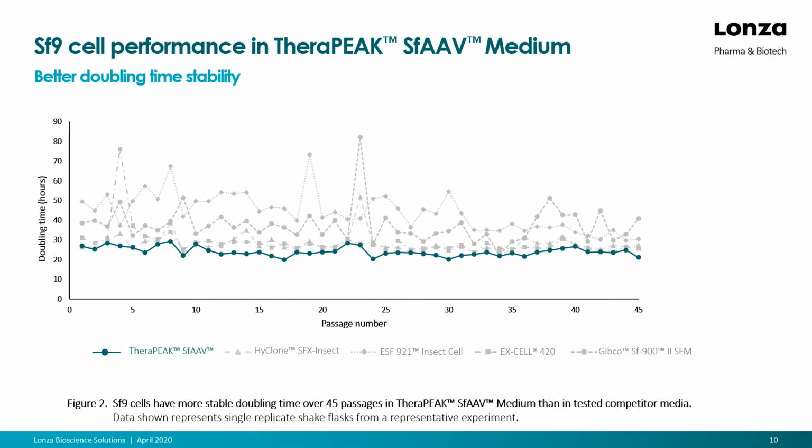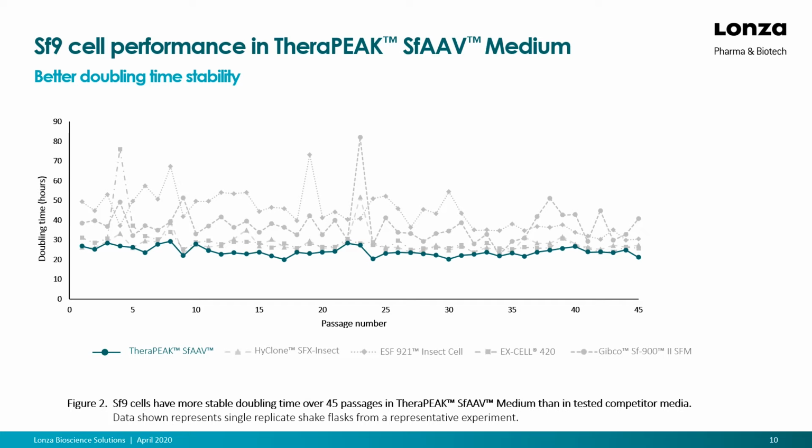We show you here the doubling time of SF9 cells in hours from thaw to passage 40. You can notice that with the competitor media we tested, the doubling time fluctuates greatly from passage to passage. The doubling time fluctuation was between 30 and 80 hours in some cases.